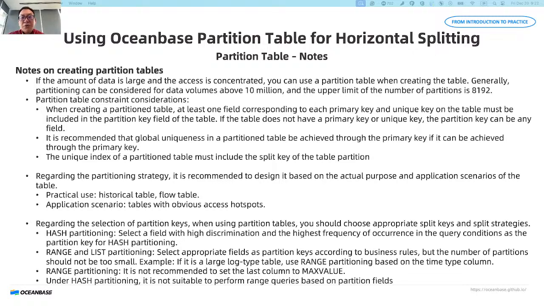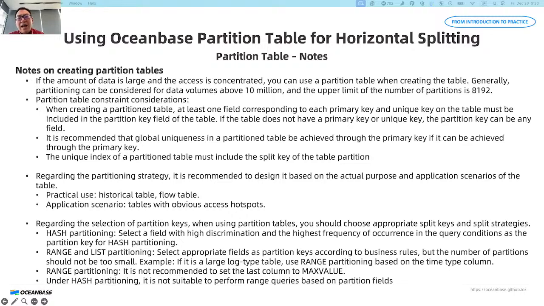Partition table constraints have some considerations. When creating a partitioned table, at least one field corresponding to each primary key and unique key on the table must be included in the partition key field of the table. If the table doesn't have a primary key or unique key, the partition key can be any field.